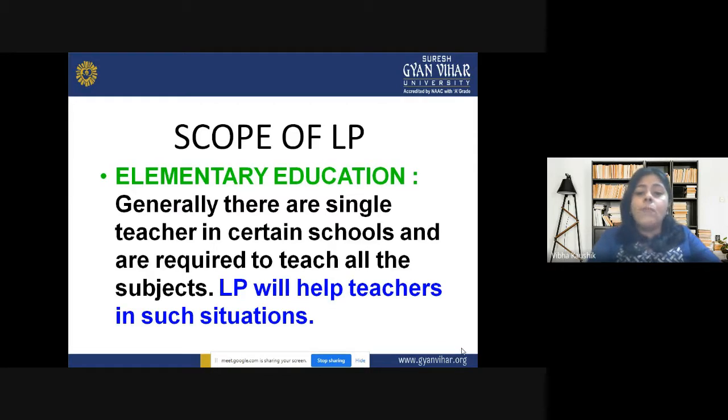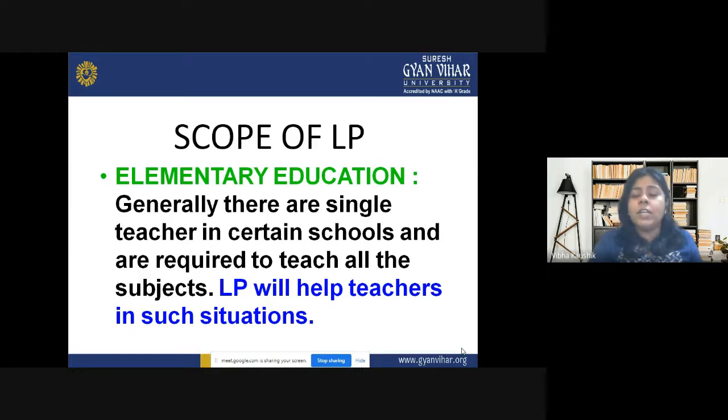Now, scope of linear programming: elementary education. Generally, there is a single teacher in certain schools. When we are talking about the elementary level, sometimes there is only a single teacher in certain schools who is required to teach all the subjects.